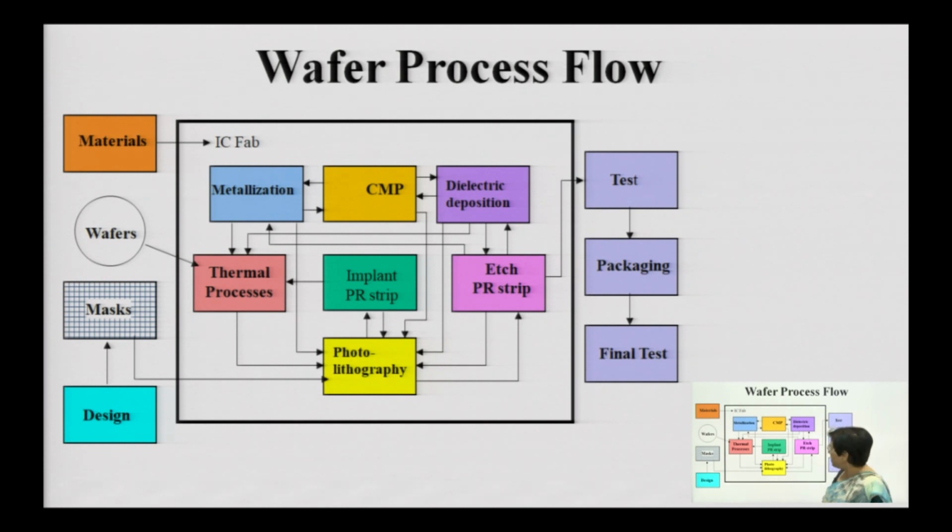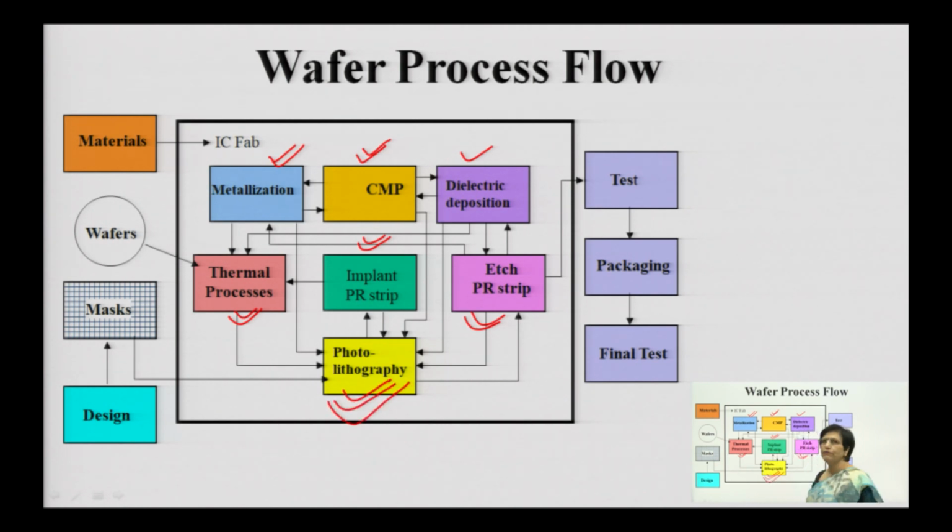Here is a diagram which shows the importance of every stage: metallization, where interconnects are defined; chemical mechanical polishing, where you decide which area is to be polished; dielectric deposition; thermal processes carried out for thin film deposition; ion implantation for specific dopant profiles; and etching, if you want to remove an area. The entire thing involves photolithography.